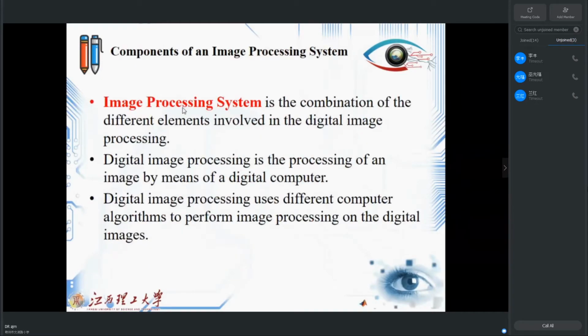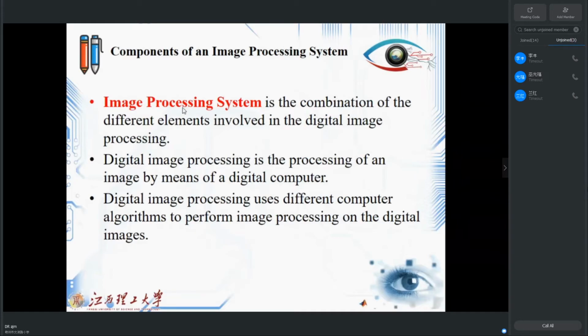Then, till now, we have learned about the eyes, light and spectrum analysis. Having learned about some chromatic sources of light, let us see what components an image processing system has.